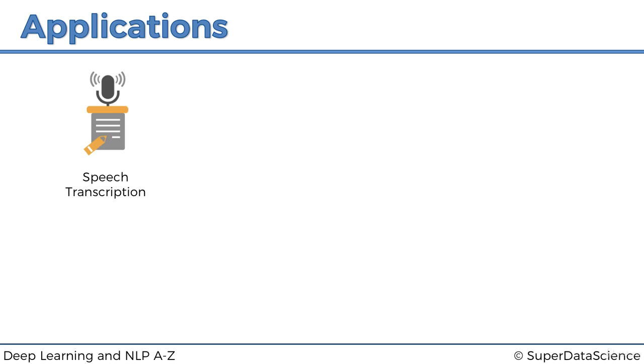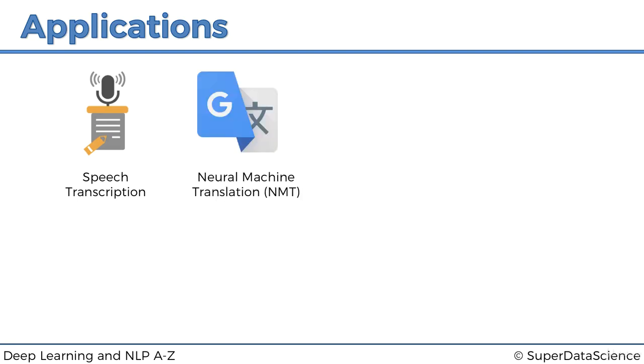We can apply deep natural language processing and then already put in that second part, which is the chatbot, in order to understand what to do with that text, what to do with those instructions. So speech transcription, as you can imagine, is already very important, and it's going to become more and more important in the years to come. And this can be done with deep natural language processing, and we actually have a case study further down in the course.